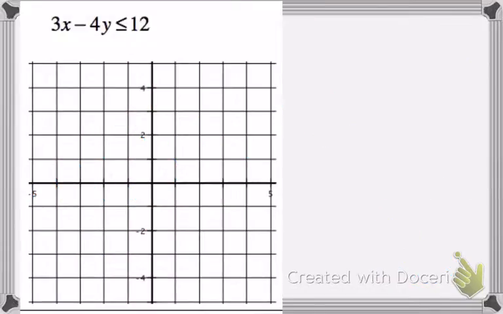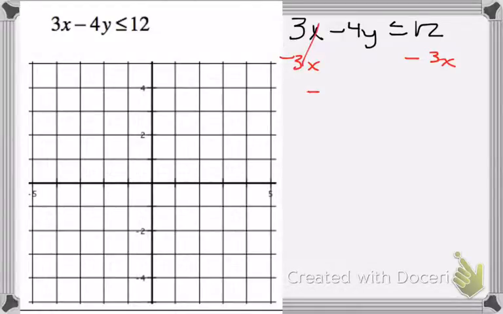So example number 2, we're going to do in this method. So 3x minus 4y less than or equal to 12. So let's subtract the 3x over. So I have negative 4y less than or equal to negative 3x plus 12.